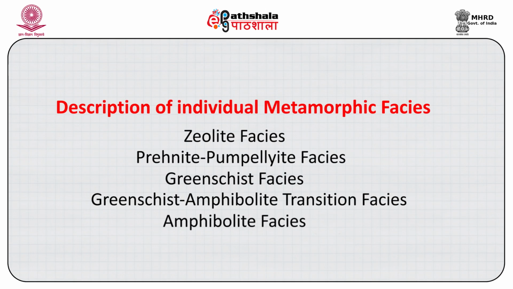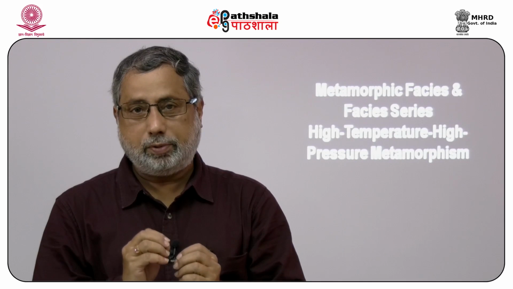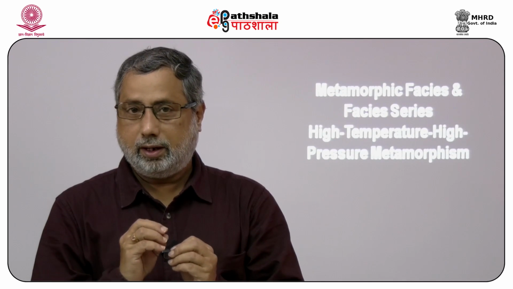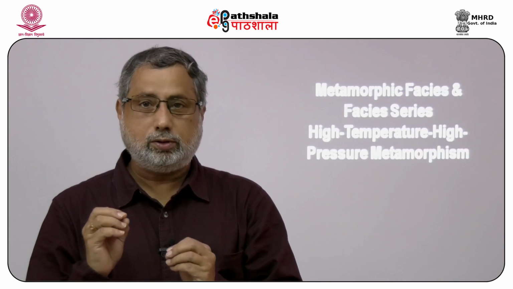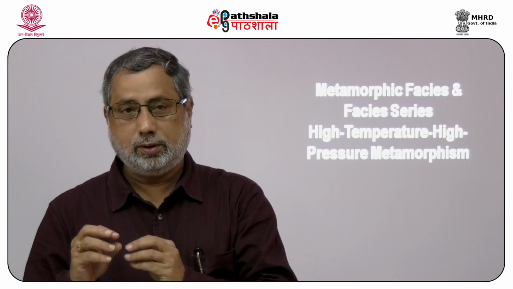Now, from amphibolite facies to granulite facies, again there is a transition zone, and in this transition zone in basic rock we will find that clinopyroxene starts appearing, along with hornblende plus plagioclase. Sometimes garnet may also appear, and this garnet forms due to the breakdown of epidote.